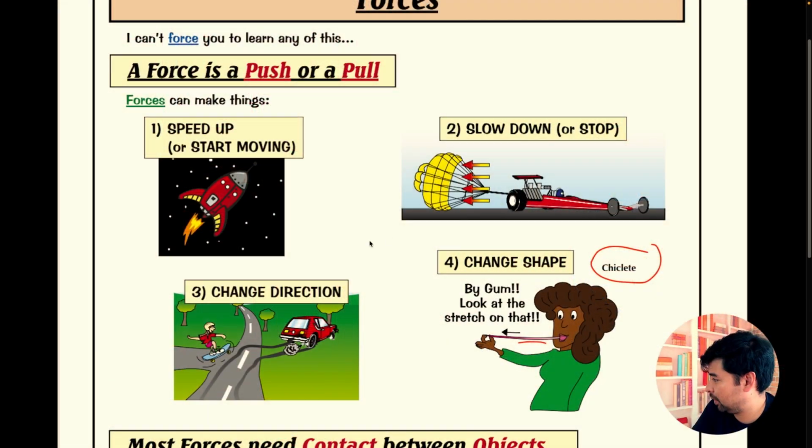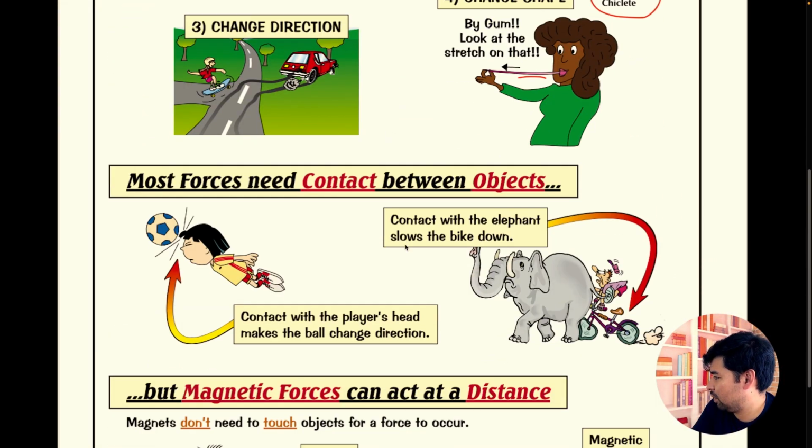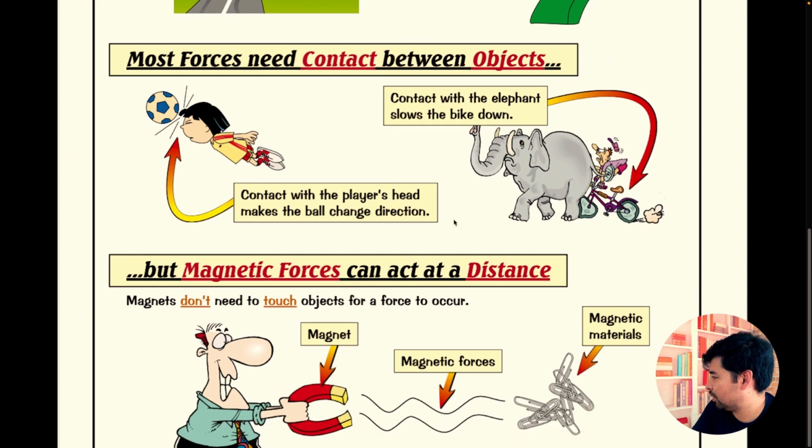Let's go on. And coming back to the page, okay. We have some explanations here. Can you see that? So, most forces need contact between objects. You need to touch the object so you can apply the force, so it can have some effect.